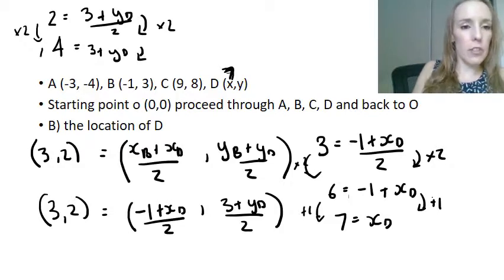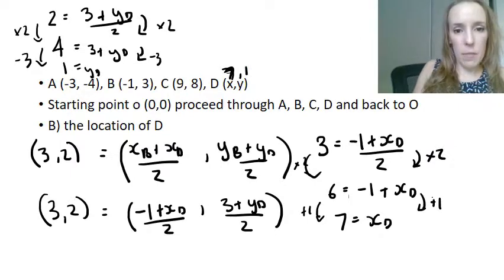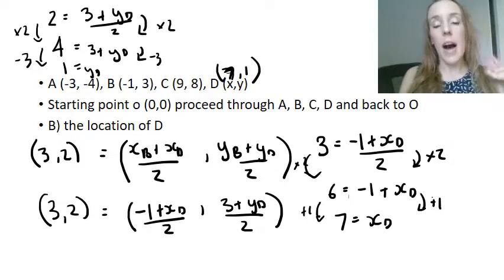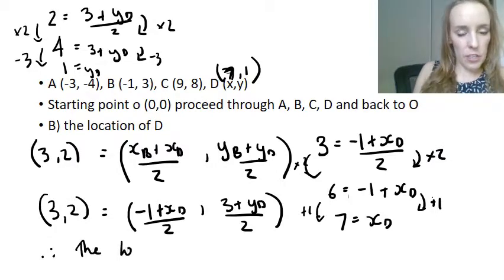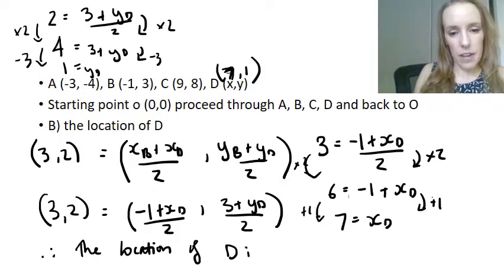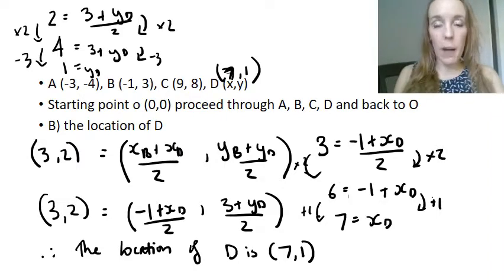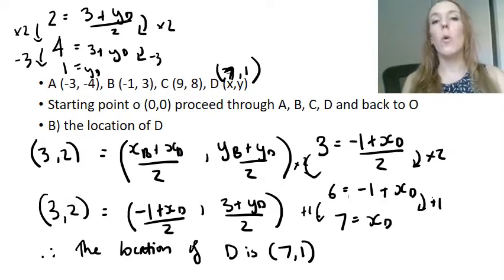Take 3 from both sides to get the y coordinate for D. So from there, we've worked out our coordinates of D. So therefore, the location of D is 7, 1. So we've used our midpoint formula and we've worked backwards to work out the coordinates that went into finding that midpoint.